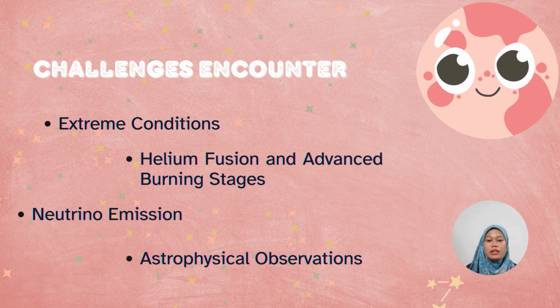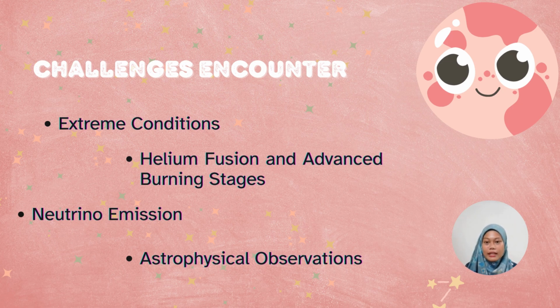Nuclear reactions in stars occur under extreme temperatures and pressures, particularly in the cores of stars. For instance, in the Sun, the core temperature reaches about 15 million Kelvin. These conditions are difficult to replicate and study in laboratory settings on Earth.